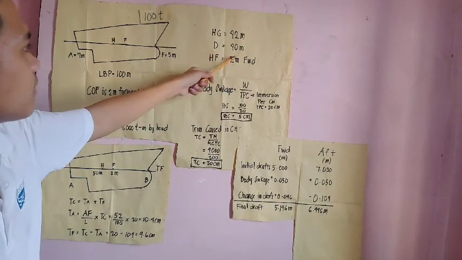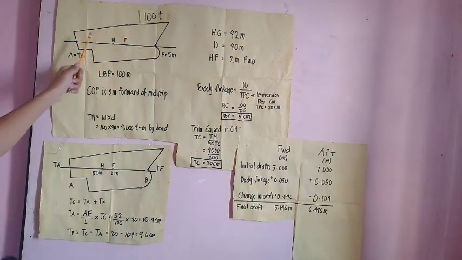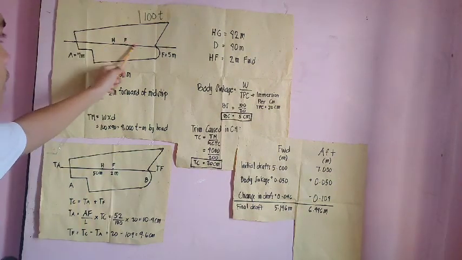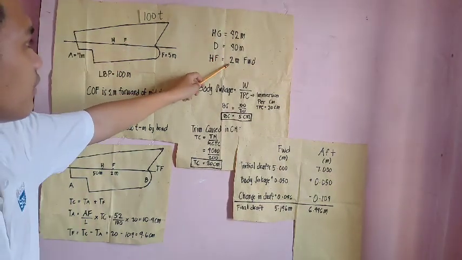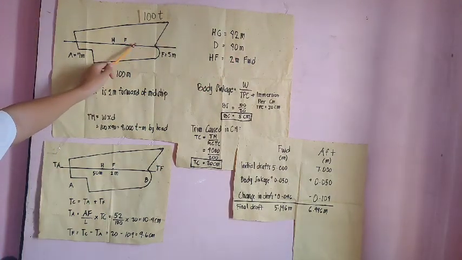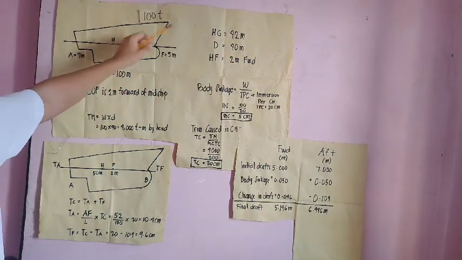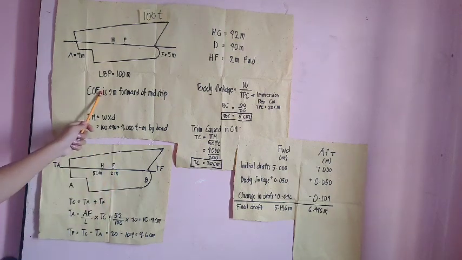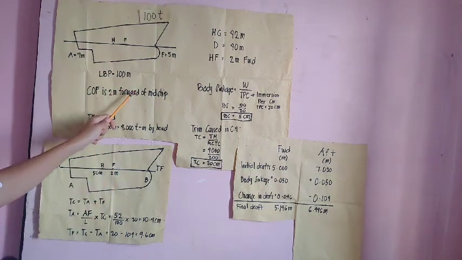And the distance between our midship and our center of flotation, which is HF, is equal to 2 meters forward. It is forward because it is looking in a forward direction. So the center of flotation is 2 meters forward of the midship.